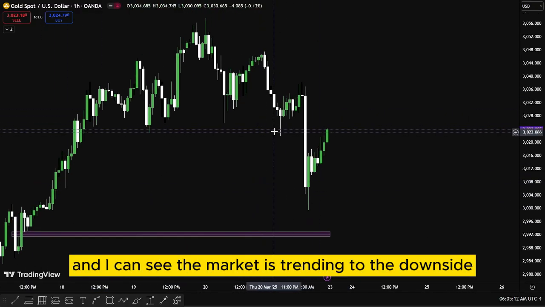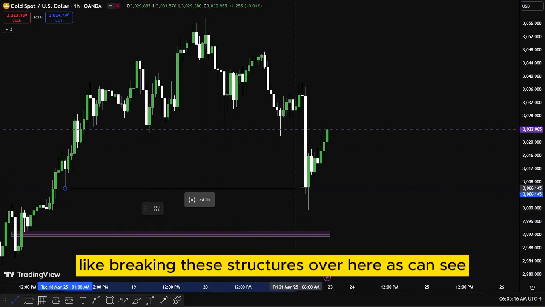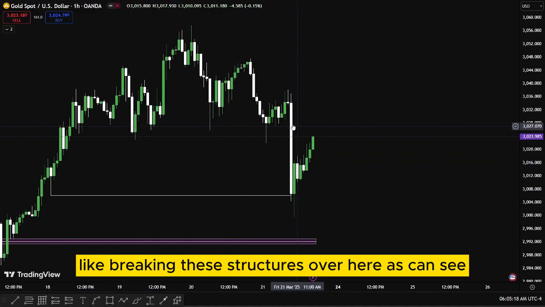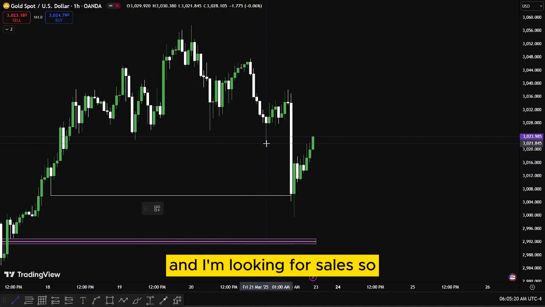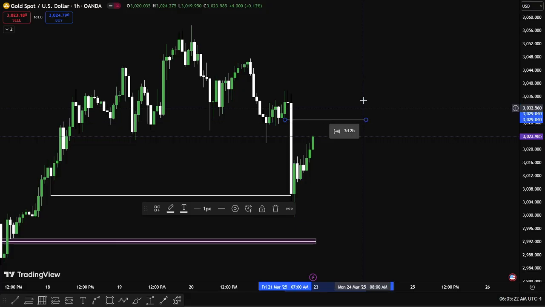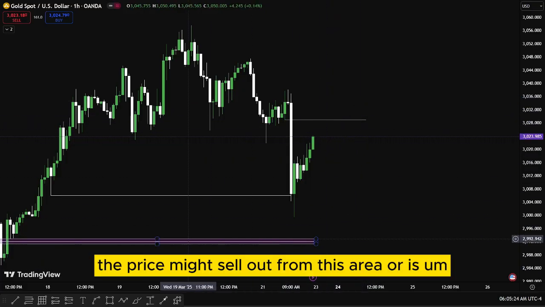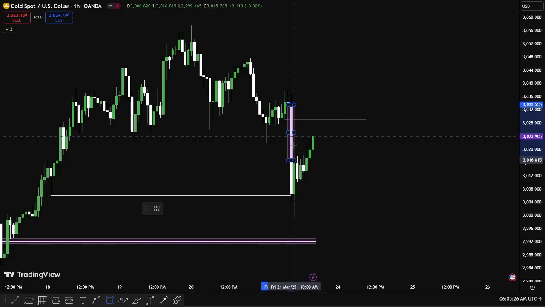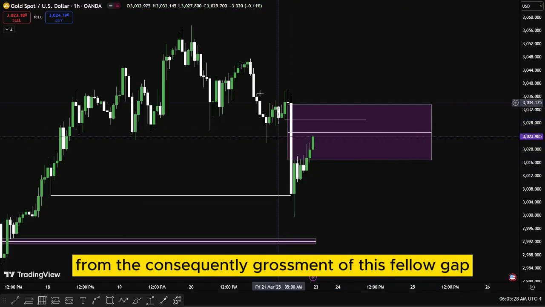I can see the market is trending to the downside, like breaking these structures over here. You guys can see, and I'm looking for sales. So the price might sell off from this area, or from the consequent encroachment of this fair value gap.